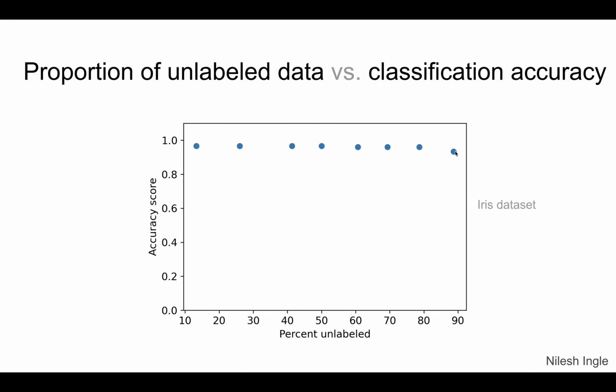However, even if we have just 10% of the data labeled, we still get reasonably good accuracy on the predicted labels using the semi-supervised method. And this is on the iris set. These numbers could vary based on the type of data you have or the structure of the data.